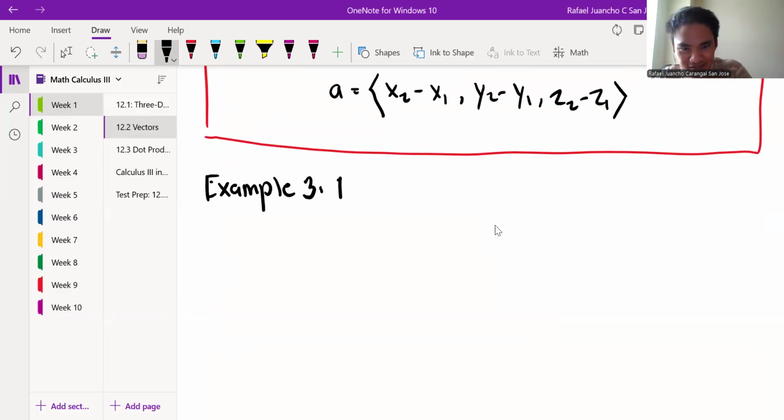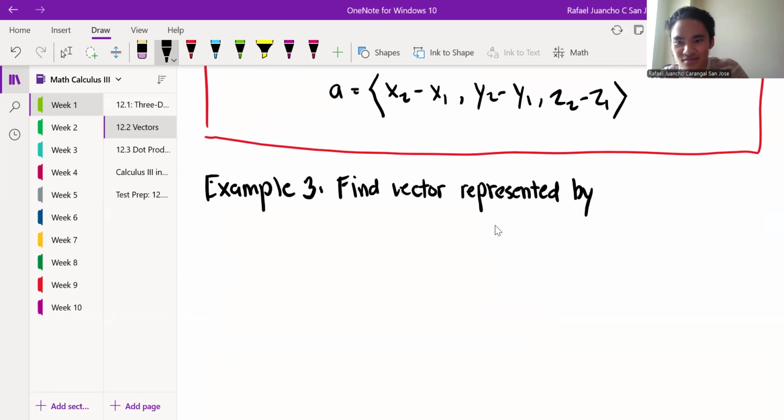So it says, find the vector represented, I'm looking at my textbook, by directed line segment. We can say vector, but we'll see. Maybe it means something.